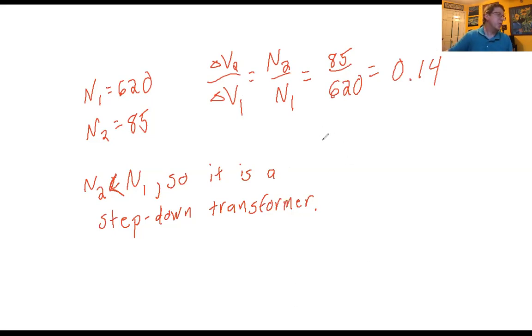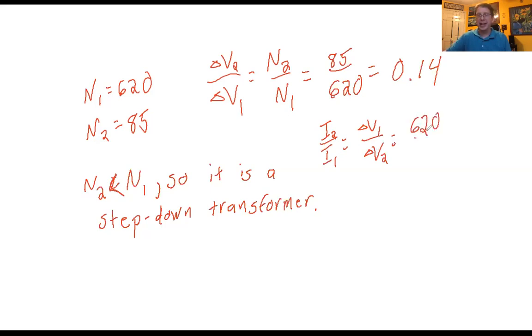So then it asks, by what factor does it change the current? So I2 over I1 is, remember, the product of current and voltage is conserved. So I2 over I1 is equal to delta V1 over delta V2. So if the voltage is reduced, the current is going to be magnified.